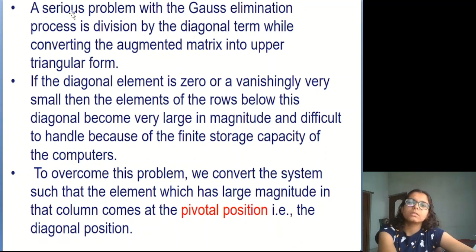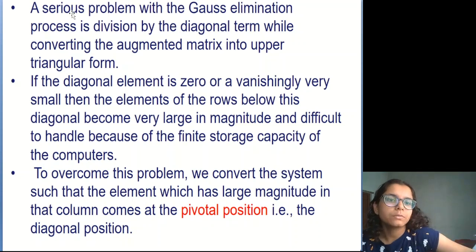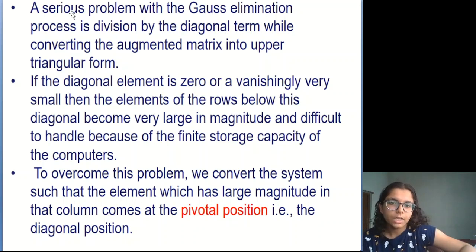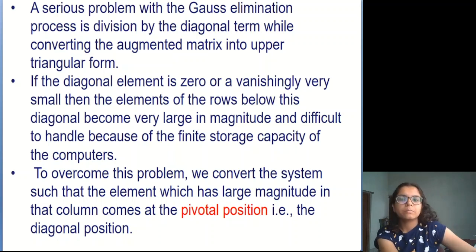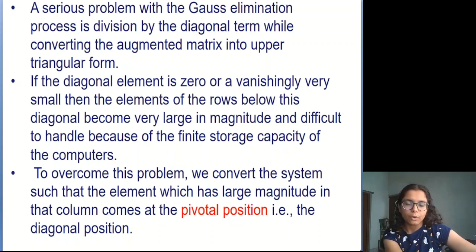The serious problem with the Gauss elimination process is that we divide by diagonal terms while converting the augmented matrix into an upper triangular form. This is what we have done in the row operation that we have seen.